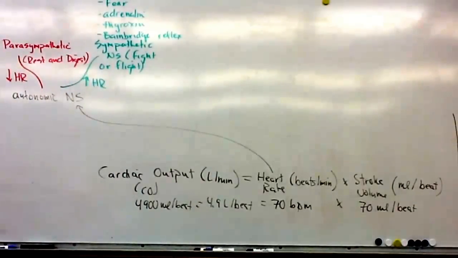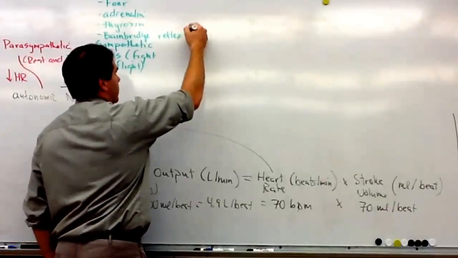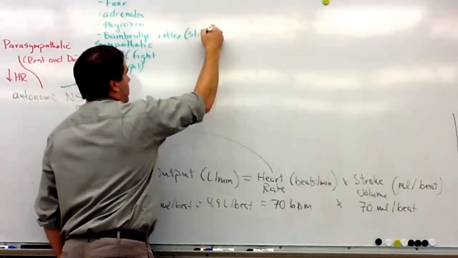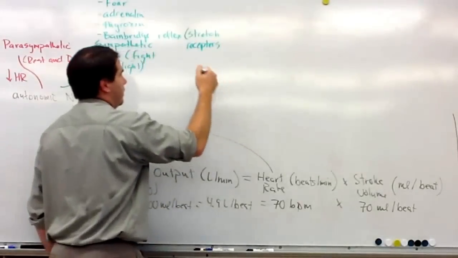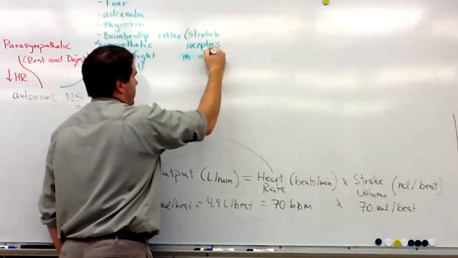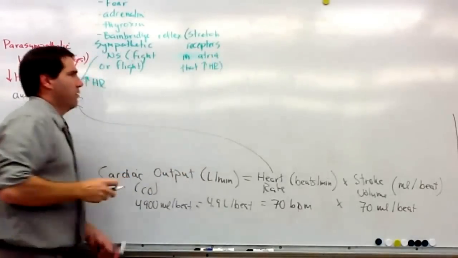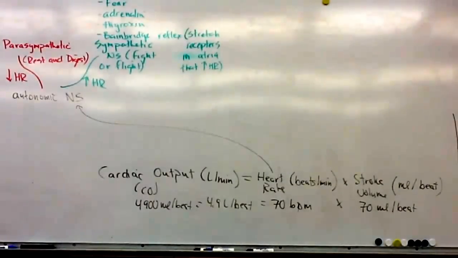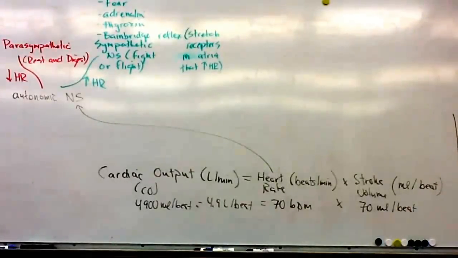The Bainbridge Reflex is that there are stretch receptors in the atria that will speed up heart rate. Stretch receptors in atria that increase heart rate. So it's nice that the heart has a way of saying, I'm seeing a lot of blood here, I need to get this blood moving, so let's increase the heart rate.